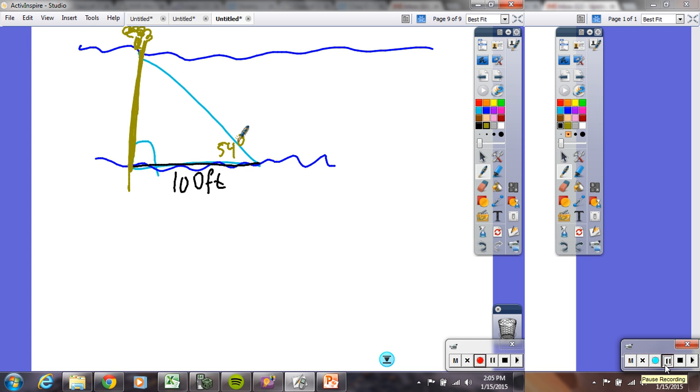I'm missing this side, right? What does this side represent? Opposite and adjacent. Which trig function uses this angle and opposite and adjacent? Tangent. So tangent of 54 degrees equals x over a hundy.